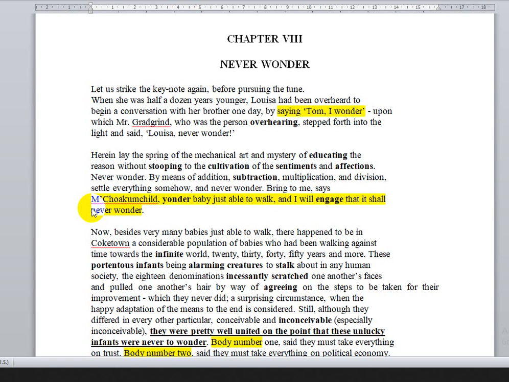So, in order not to waste too much time talking about these points, the title is expressive. It tells us that in the School of Facts, people, students, masters, any individual is not supposed to wander. Wander means to wonder.